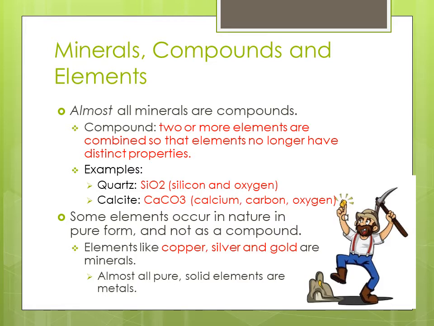So let's look at an example here. We've got quartz. Okay? Quartz has a chemical composition, like I just mentioned, of SiO2. Okay? 1 part silicon, 2 parts oxygen. Now, when silicon and oxygen combine to form quartz, they are no longer silicon and oxygen.